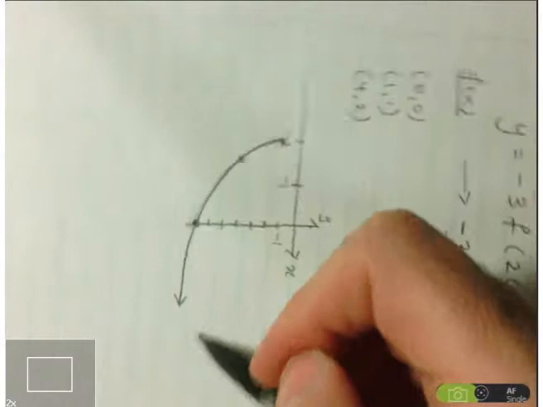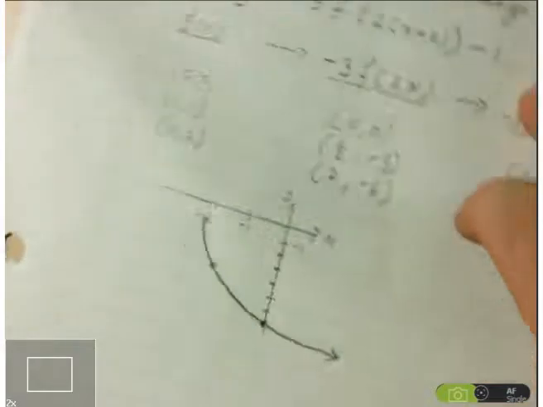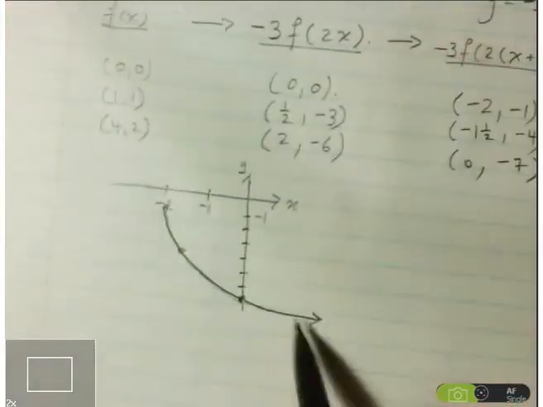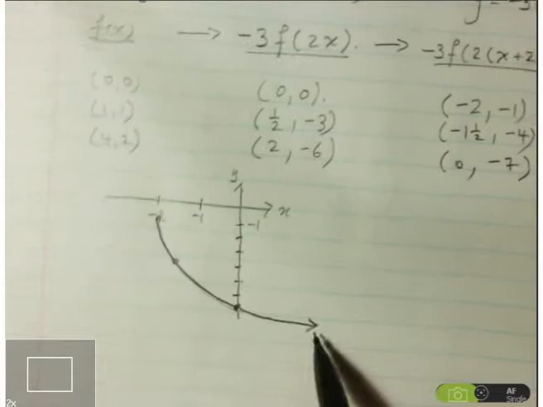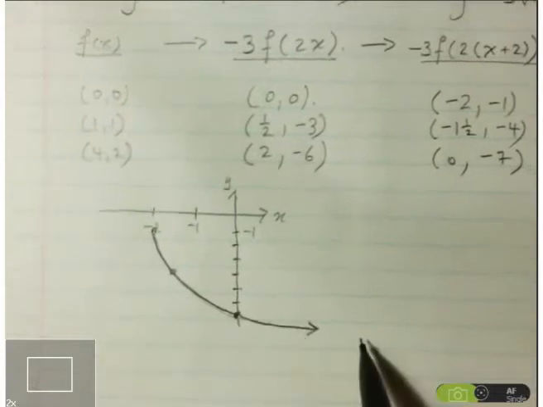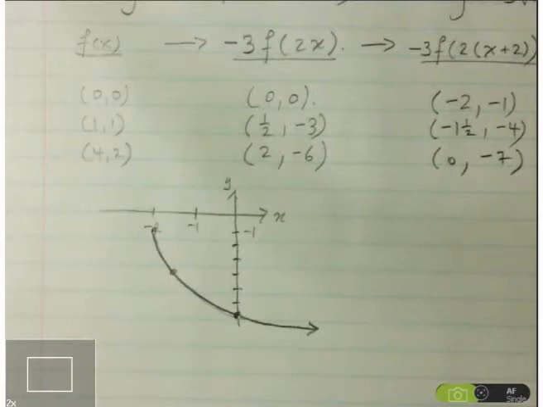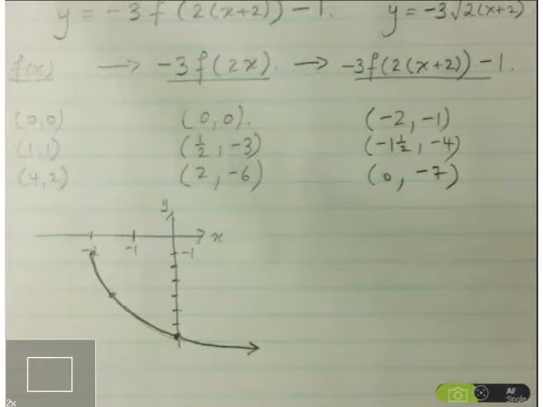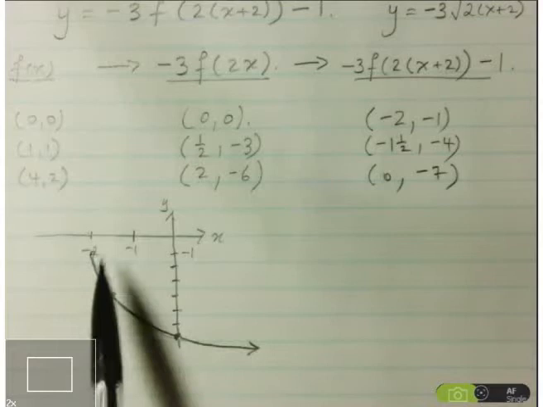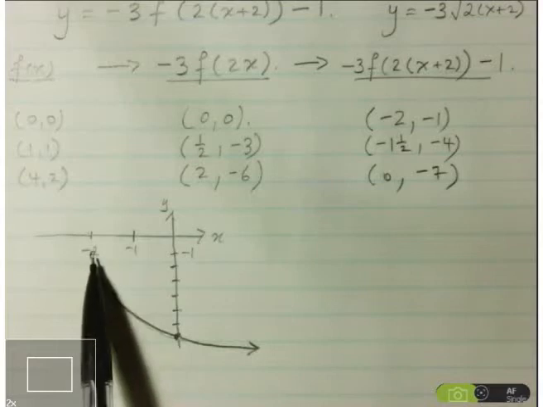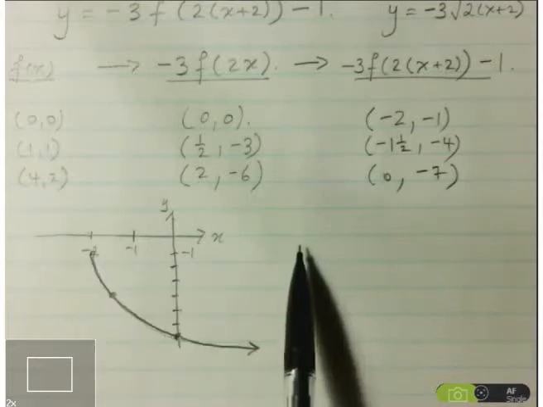Okay, and I definitely want to give the sense that A, this function continues, so I need the arrow, and that it's not approaching an asymptote, so that it is getting smaller and smaller and smaller. Now that we have the graph, we can easily read off the domain and range. So we see that the domain starts at -2, and all numbers larger than that.